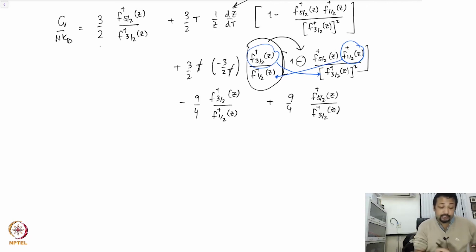If you follow this carefully, you see that this term has the same form as this term. The prefactors are different.